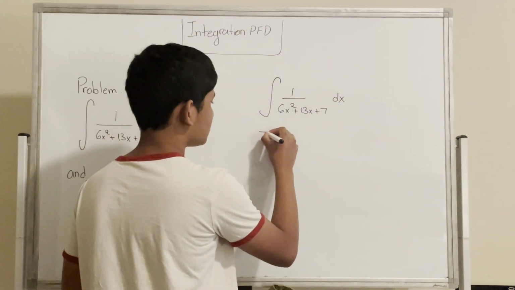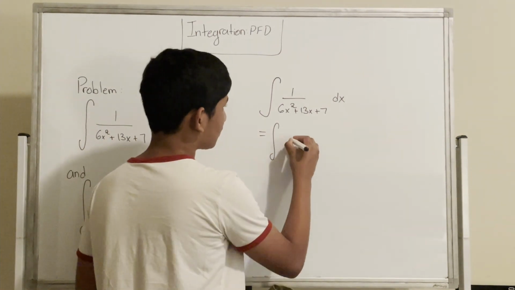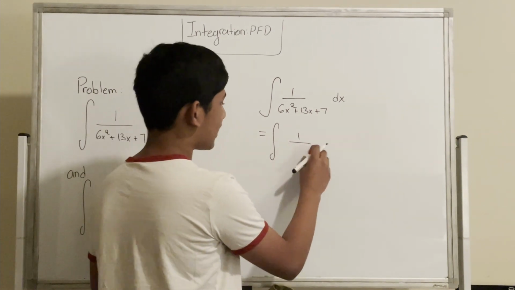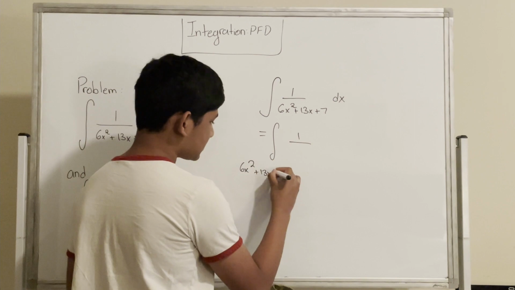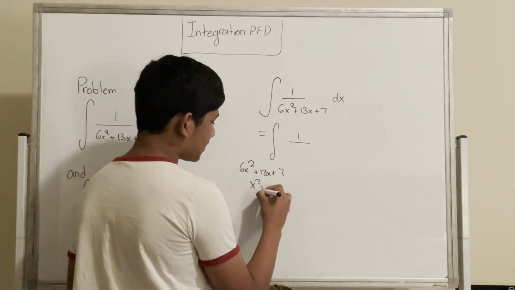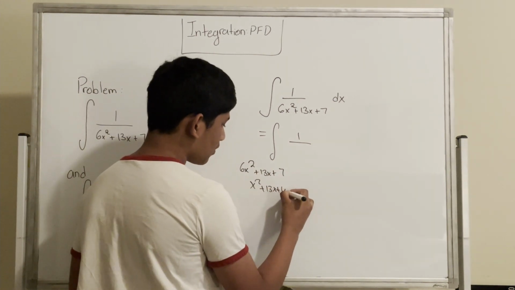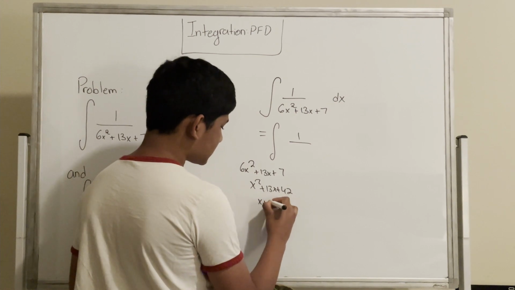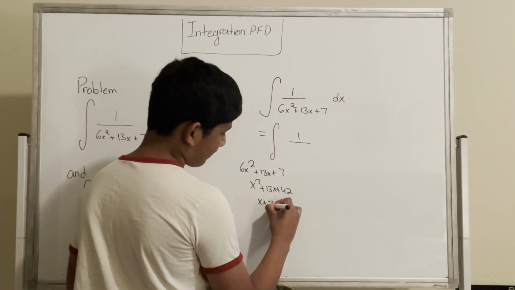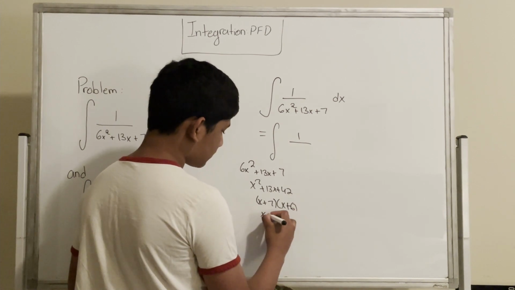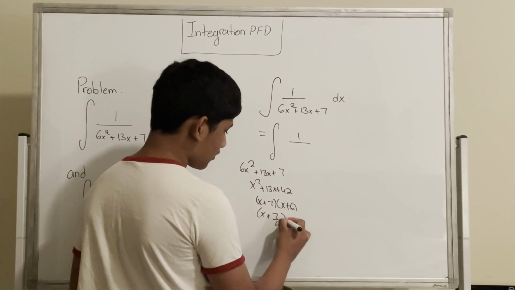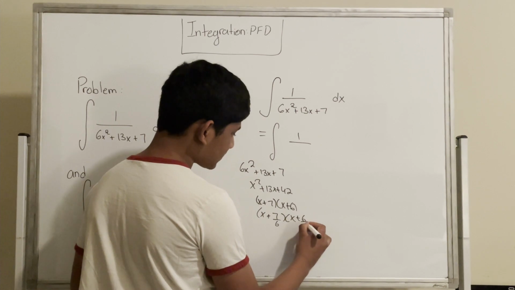So this is just equal to the integral of 1 over, then we have to write its factors. So 6x² + 13x + 7, so x² + 13x + 42, which will give us x + 7, and x + 6. We can do (x + 7/6) times (x + 6/6).